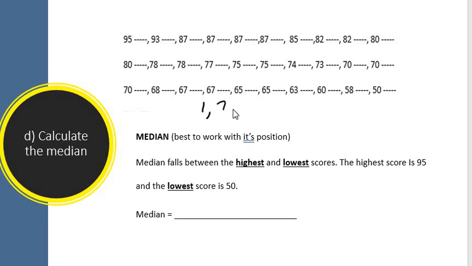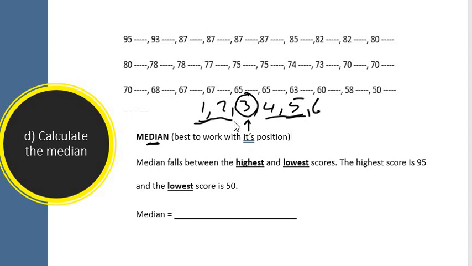If we have 1, 2, 3, 4, 5, the highest score is 5, the lowest score is 1, and the median falls in between, which will be 3, because we have two numbers to the left and two numbers to the right. When we think about median, we can think about middle. It's kind of easy to remember, isn't it? But what if we had an even amount of numbers? As you can see, we have an odd amount of numbers. What if we had another number? Let's say we had 6 here.